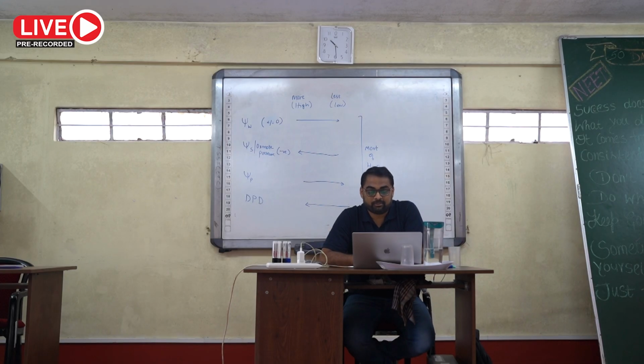Polysome is formed by, what is a polysome? We have discussed this earlier also. Okay, I'll ask you another question. Presence of a polysome indicates that the mRNA is polycistronic. True or false?